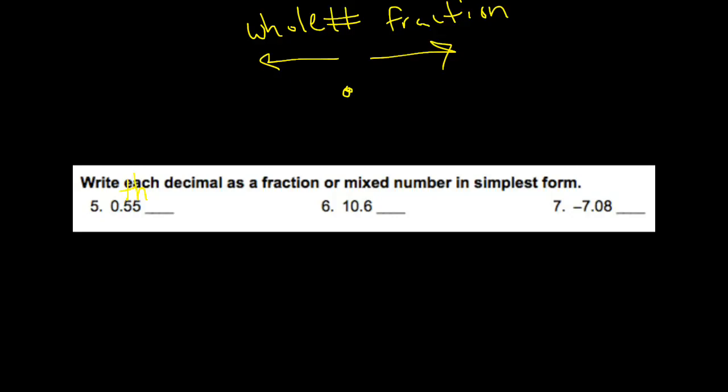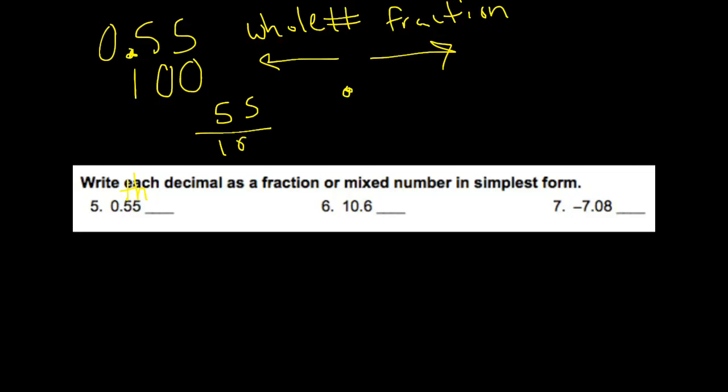So an easy way to do place value is to put this number, 0 and 55 hundredths, and to put a 1 right below the decimal point, then add in your zeros for each digit. So it's really 55 over 100. Go ahead and box in my answer. That's my first answer.